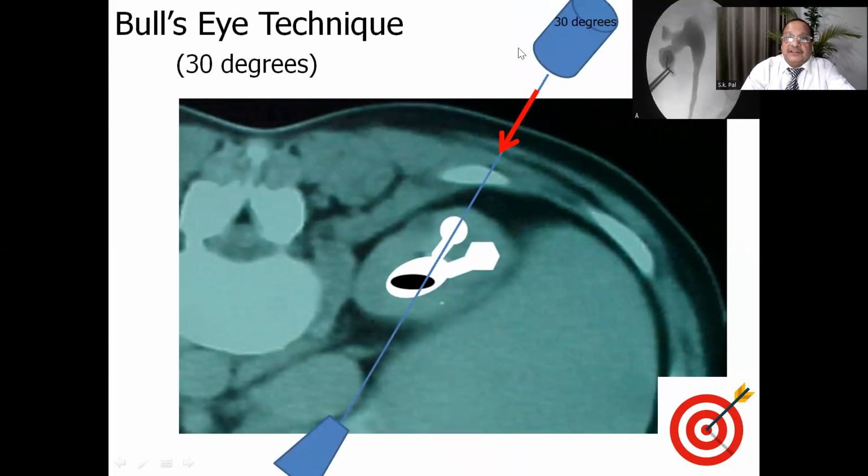When you position the C-arm at 30 degree, now you are not making an entry from here, you are making an entry from here, but keeping your needle tip and needle hub in the same straight line, superimposed over each other. You are not seeing the full length of the needle, and the needle is going deep. At one particular time you will hit the bullseye, you will reach the target.